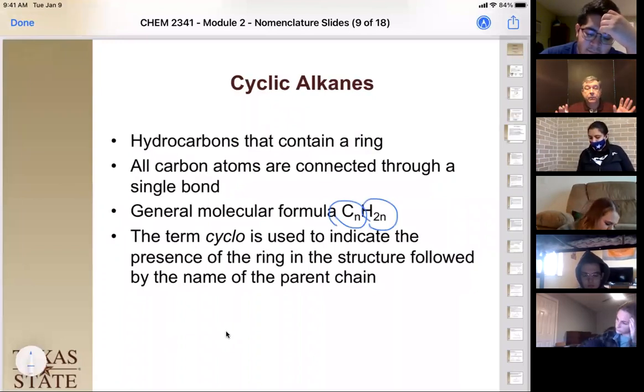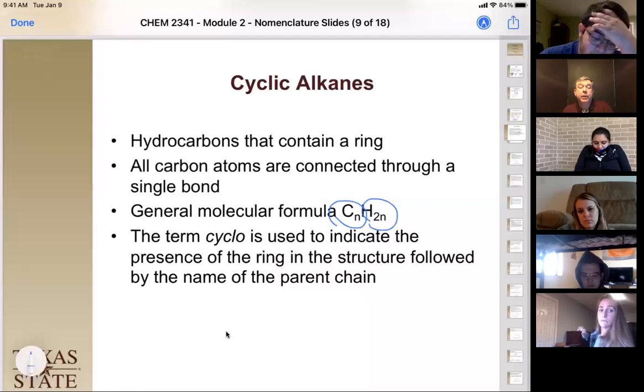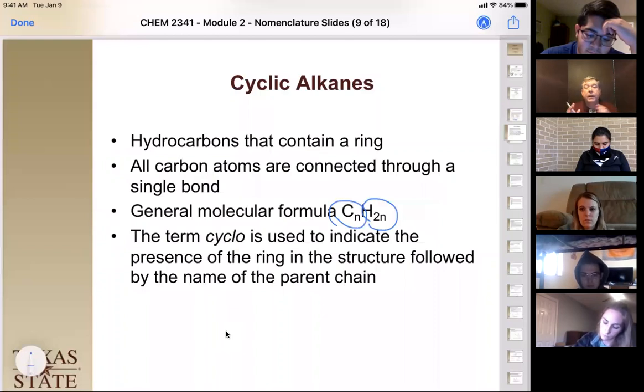Now, whenever you have these cyclic alkanes, we tend to use the word cyclo plus the number of carbons in the ring. The number of carbons in the ring turns it into the parent, and then you have substituents coming off it. So if you have 5 carbons in a ring, it's cyclopentane. If you have 6 carbons in the ring, cyclohexane.